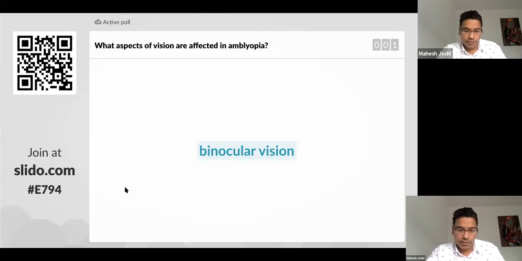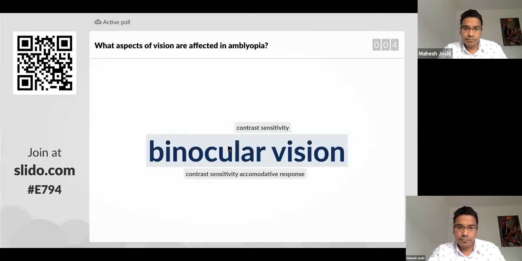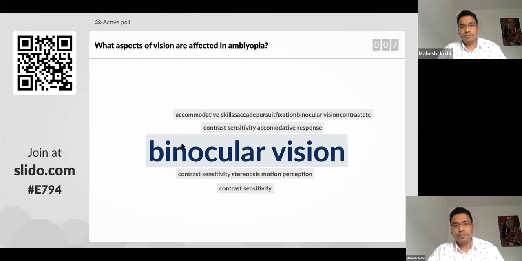Yeah, so we got one answer, binocular vision. We'll give another 30 seconds for this, then we'll move on. So contrast sensitivity, accommodation. Yeah, so stereopsis, motion perception.